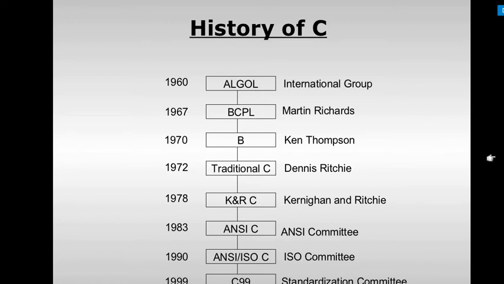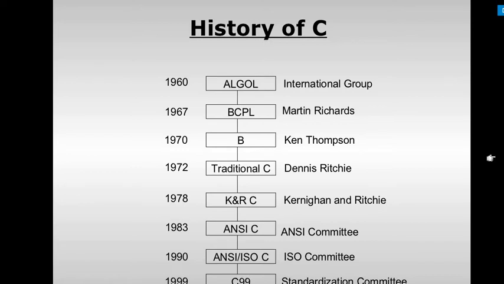So the basics of this history of C is nothing but in 1960, the ALGOL International Group formed ALGOL, and in 1967 BCPL was developed by Martin Richards. In 1970 B was introduced by Ken Thompson. In 1972 traditional C, Dennis Ritchie was the one who developed this programming language.